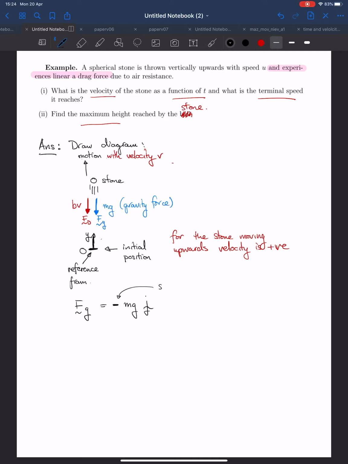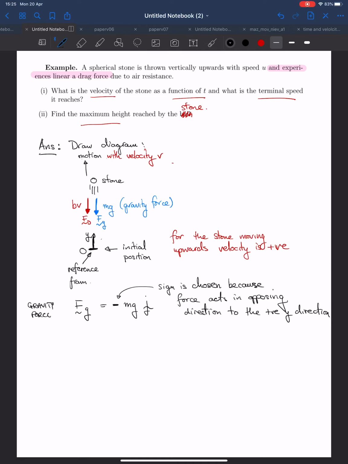This sign is chosen because the force acts in the opposing direction to the positive y direction. So this was our gravity force.